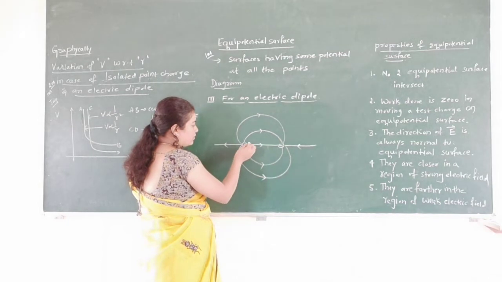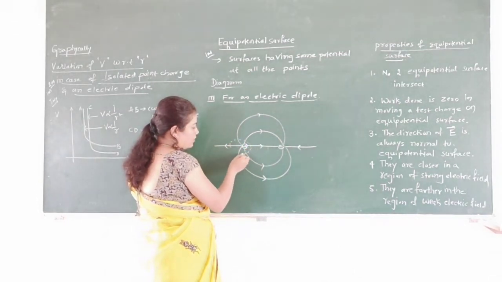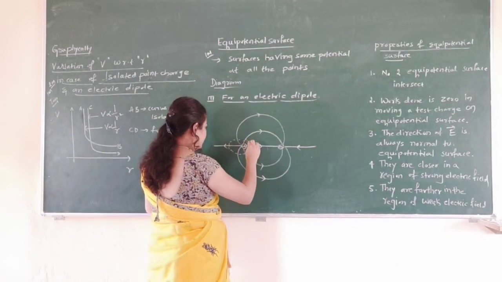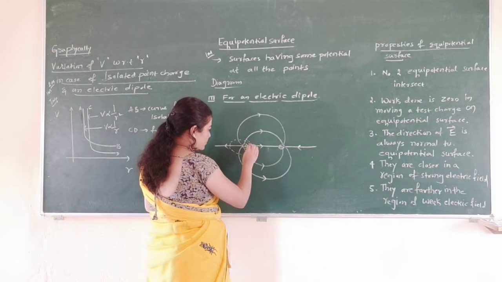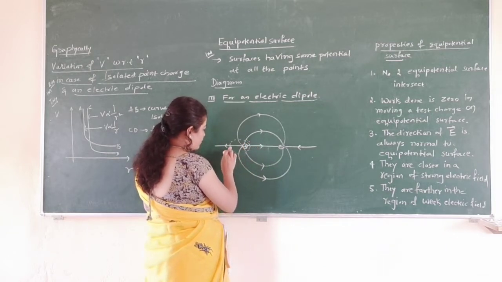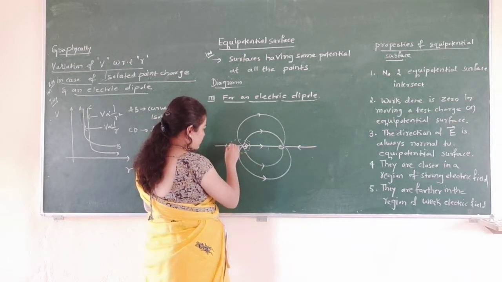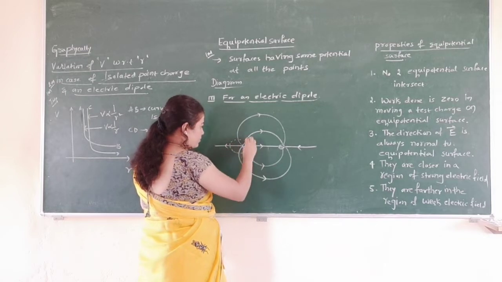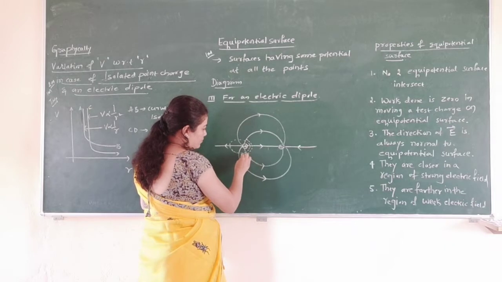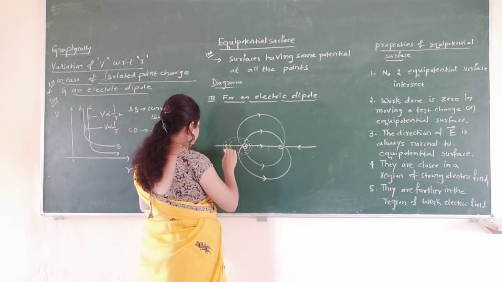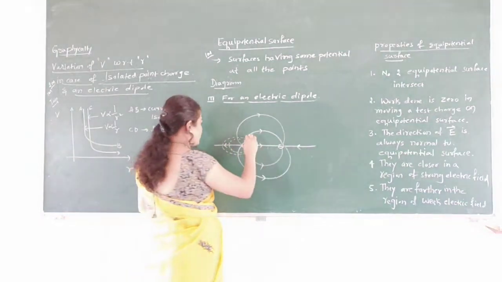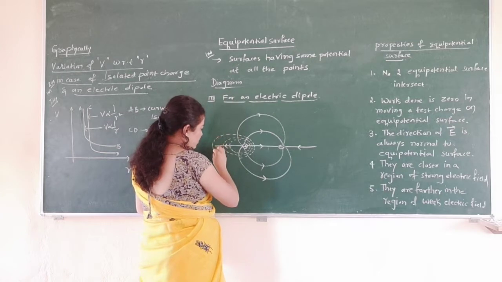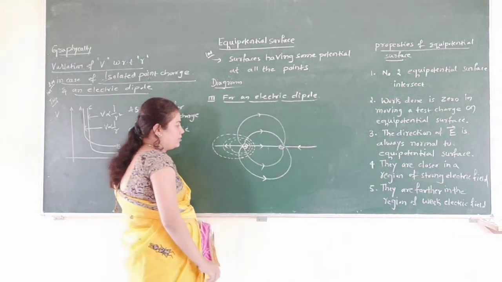Oval shape we have to draw, like this. Okay, like this. This side also we will draw the same.